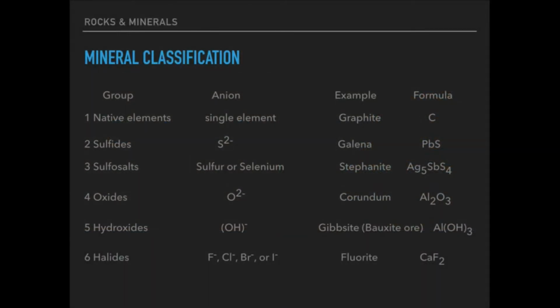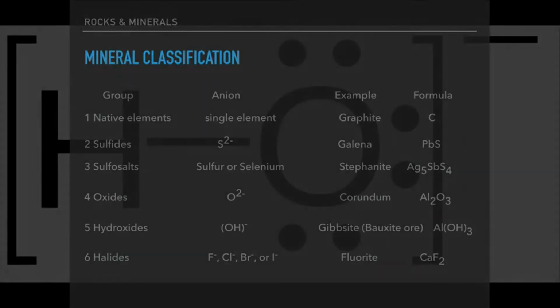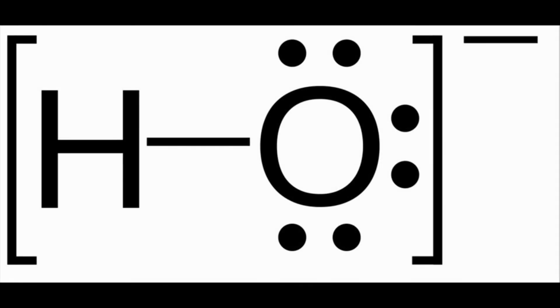Right, the hydroxide is the OH minus, and I think I have a picture of a hydroxide here. So here's a hydroxide ion. So it looks like an H, and you notice the oxygen has 8 electrons around it, and with 2 of them it shares with the hydrogen, so it's a covalent bond.